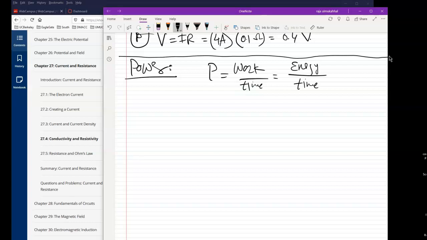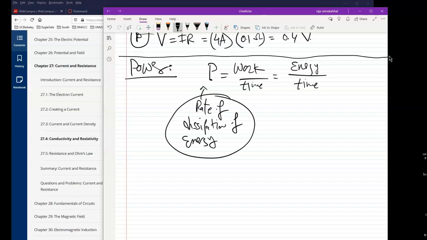When you are taking electricity and magnetism, we say electric energy over time. So power here is basically the rate of dissipation of energy. That's really the meaning of it as far as electricity is concerned. The rate is a very important word, because it's over time. So the rate of dissipation of the energy.